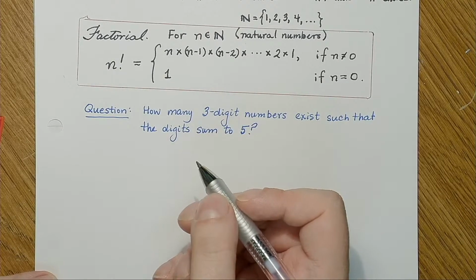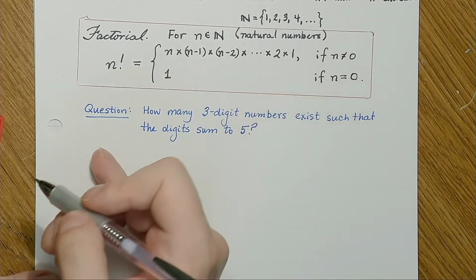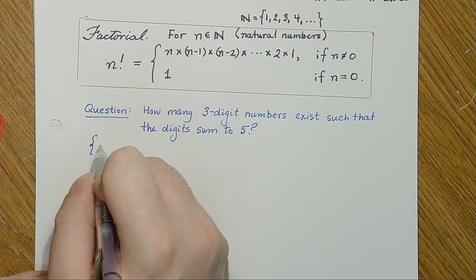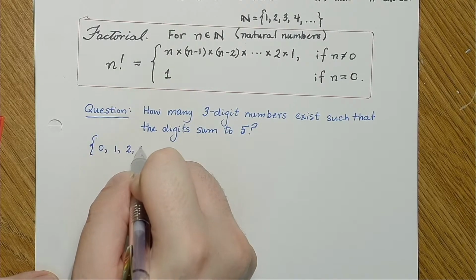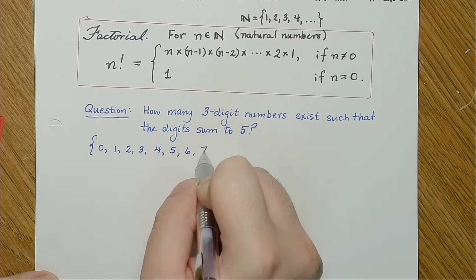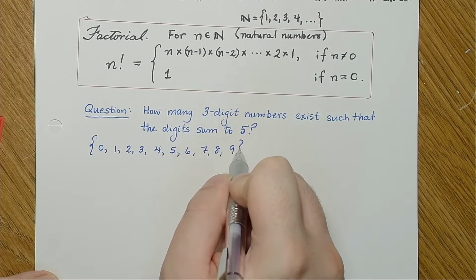So, well, there's the digits that we have to work with. We have 0, 1, 2, 3, 4, 5, 6, 7, 8, and 9.